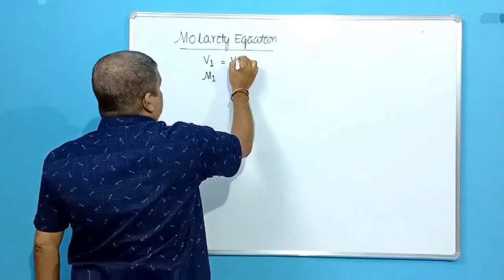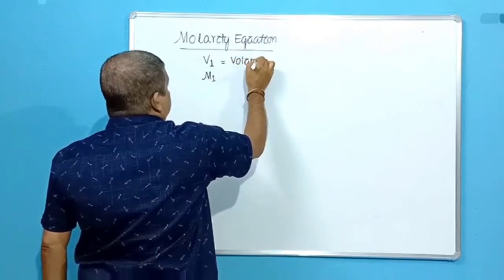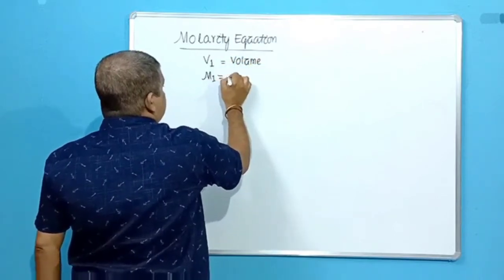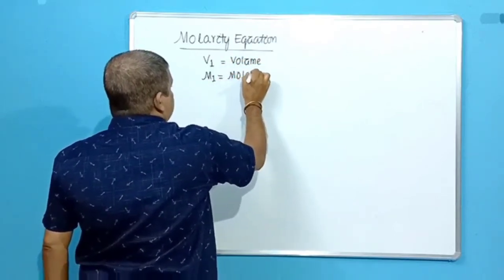So it is the volume of the solution and it is the molarity.